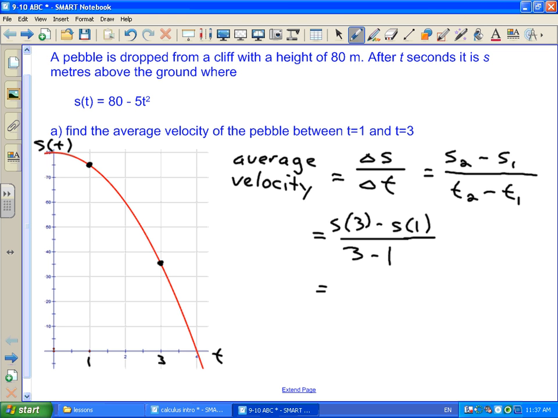If we sub those numbers into the function, we get that s at 3 is 35, s at 1 is 75, and of course, 3 minus 1 is just 2. So we work all this out, and we get that the average velocity is minus 20, and that would be in meters per second.